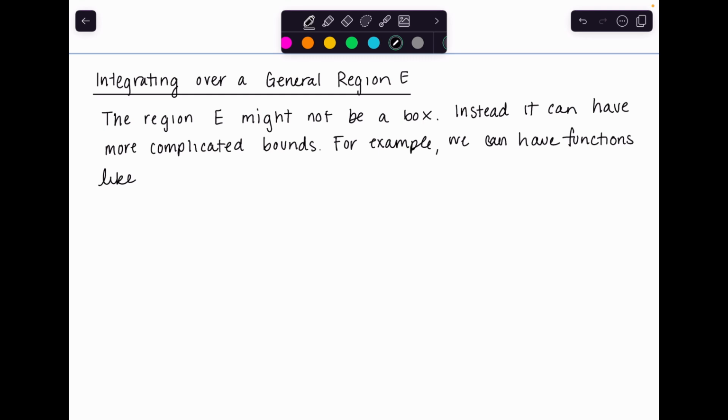So if I want to calculate this triple integral over the region E with some function, and then integrated with respect to x, y, and z. I'm going to give myself lots of room here. And I'm going to set up my order of integration first. So let's say we do dz, dy, dx.